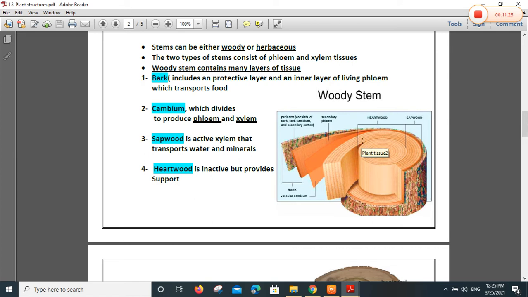This is sapwood. What about the center? The heartwood, this ring. It is inactive but provides support, and is called heartwood.